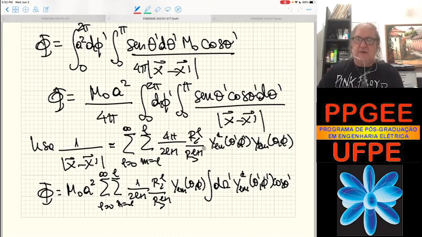So in the lecture notes, we are using the addition theorem for spherical harmonics. We can use that to calculate the integrals because we're going to have some orthogonality properties. I'm going to make a little difference. I'm going to use the addition theorem, but you notice that we don't have to do the integration in phi, because the potential doesn't depend on phi, right?